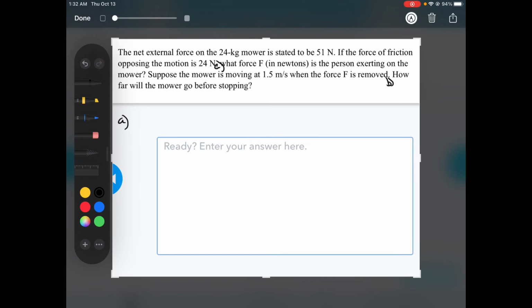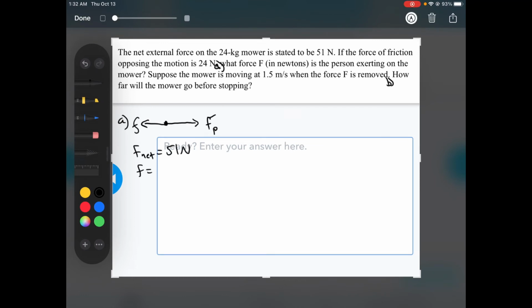Alright, so for part A, now we want that free body diagram. So he's applying a force on the mower. We'll call that force FP for the person. And there's the frictional force going the other way. But we also know net force already, we know is 51 newtons.